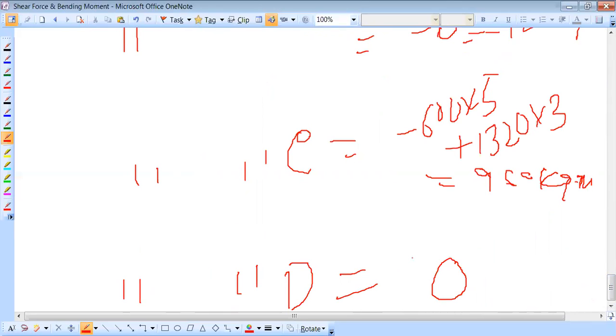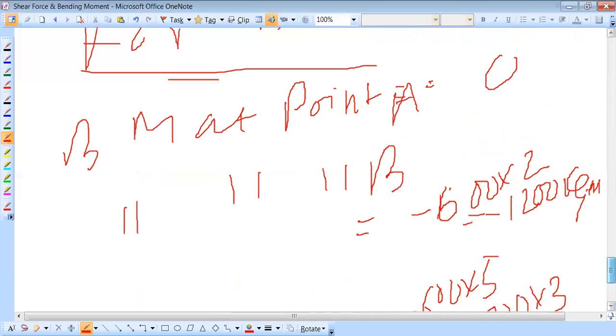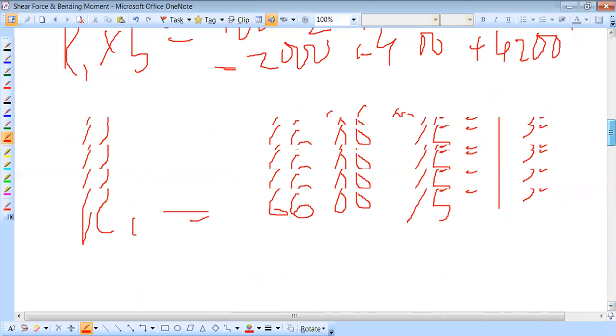So we can write directly that at point D it is equal to 0, or you can calculate it and you will get the value of 0 also. So we have already found the BM at the different points and also the shear force at the different points. Now draw the SFD and BMD.